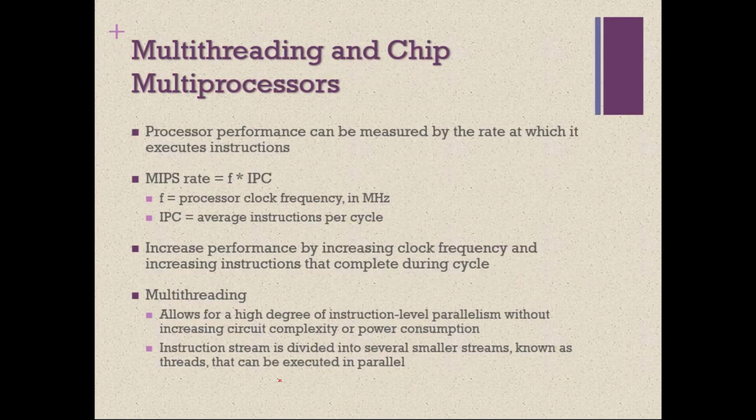So what is meant by instruction level parallelism? Let me define that also. Instruction level parallelism means, see, a process is a program under execution. A process has an instruction stream, and this instruction stream is divided into several smaller streams.